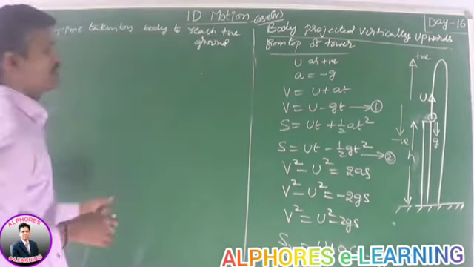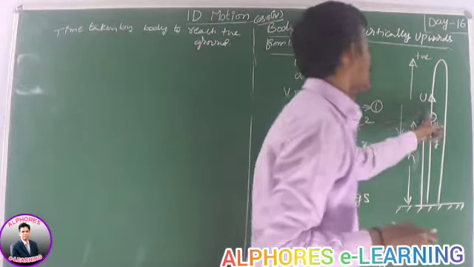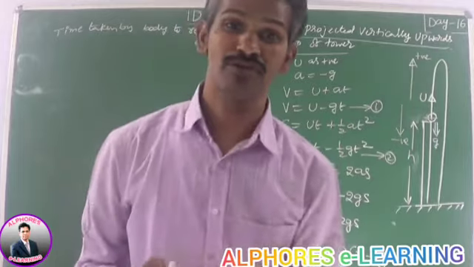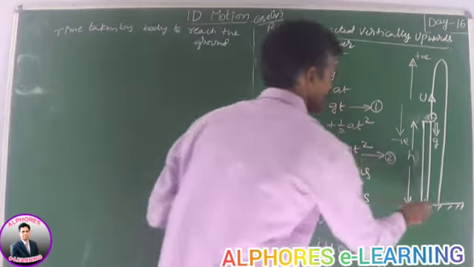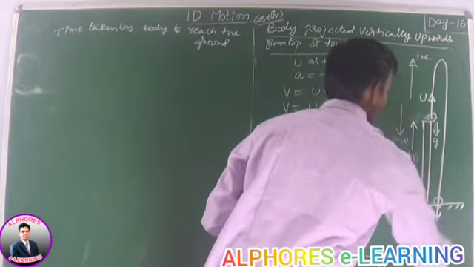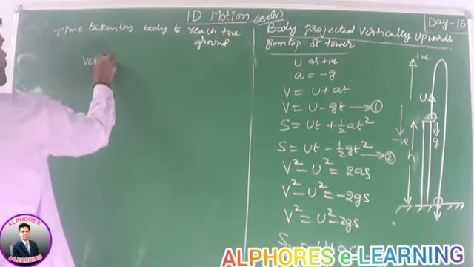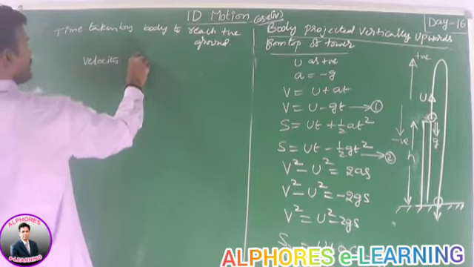Here it is. How to calculate the time? Before calculating time, first calculate the velocity of the body at the bottom of the tower. So let it be some v, velocity of the body at the bottom.